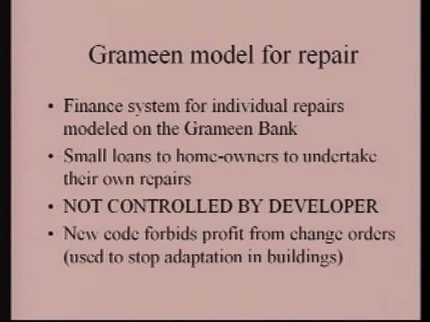Small loans to homeowners will enable them to undertake their own repairs. And this is not controlled by the developer. The new codes that we are going to implement forbid profit from change orders. They are now used to stop adaptation in buildings.